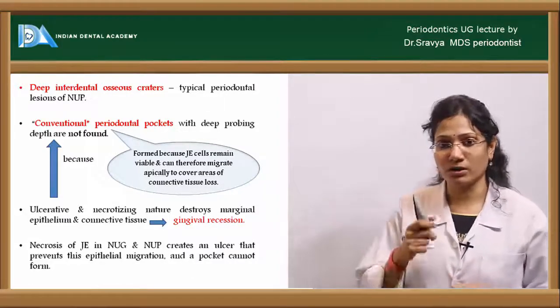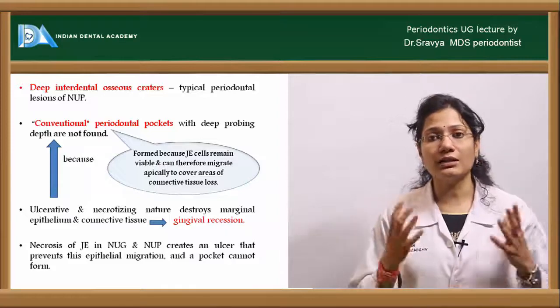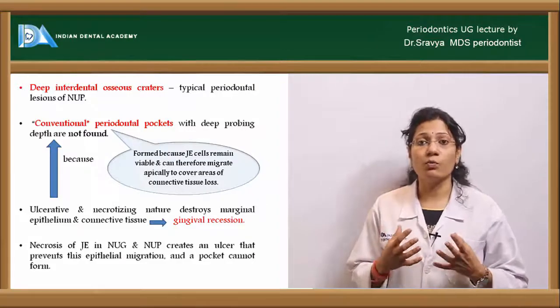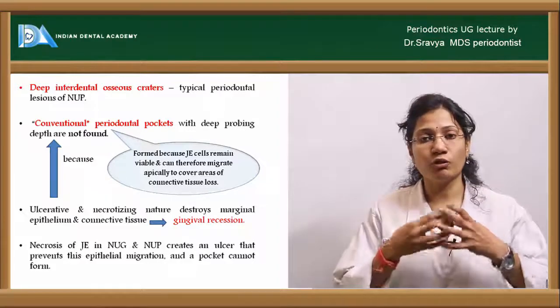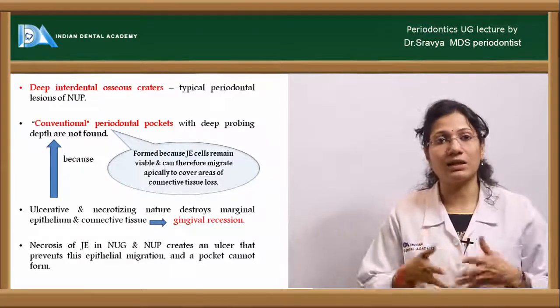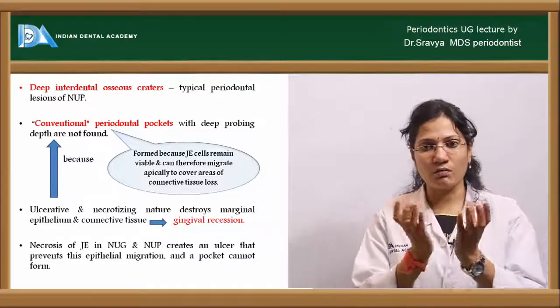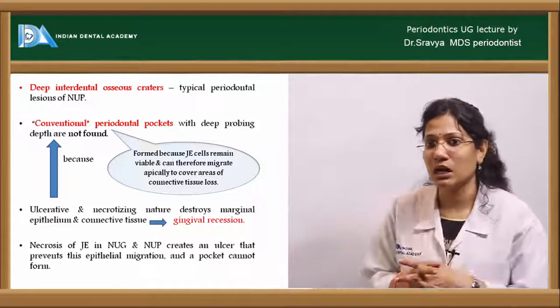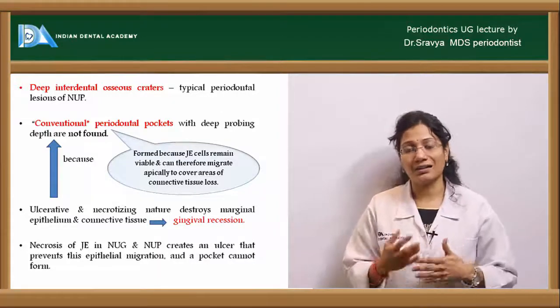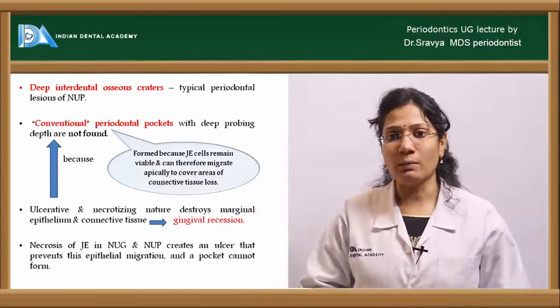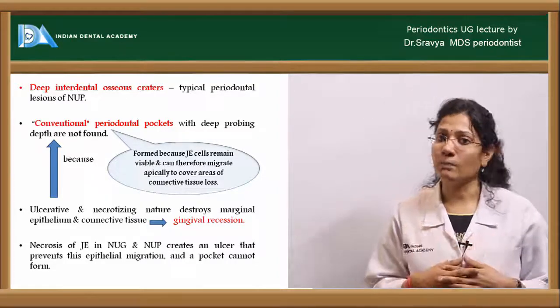The main reason is the entire tissue is getting necrosed, so there are no vital cells for the junctional epithelium to migrate apically to form a pocket. Whatever tissues are involved in that area are getting necrosed, so there is no tissue left to migrate apically and cause a periodontal pocket.